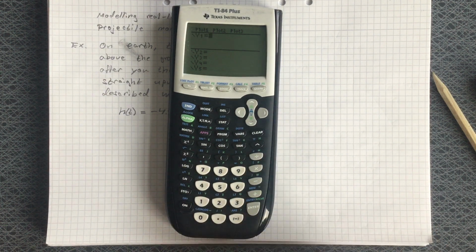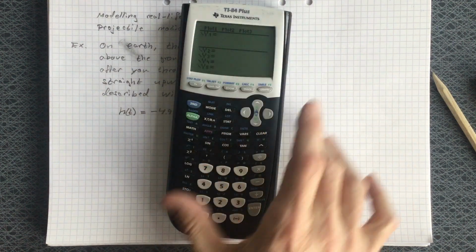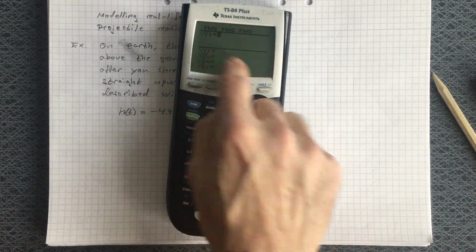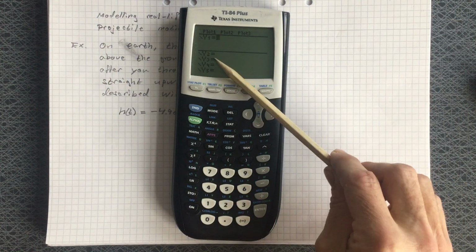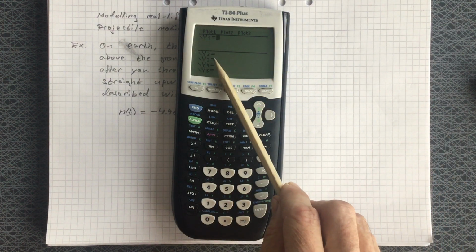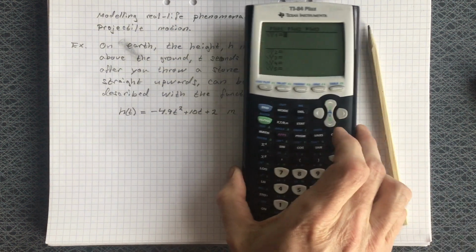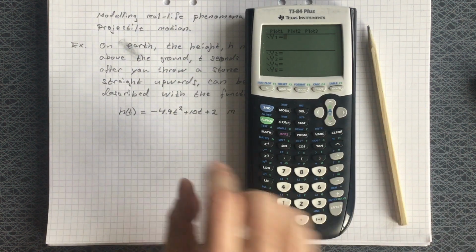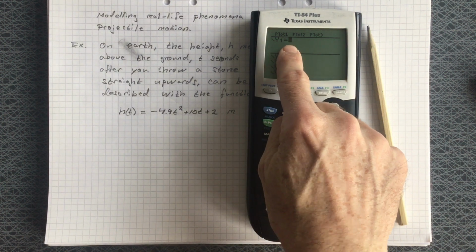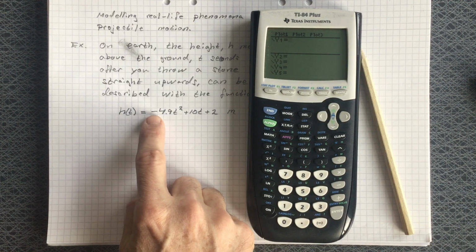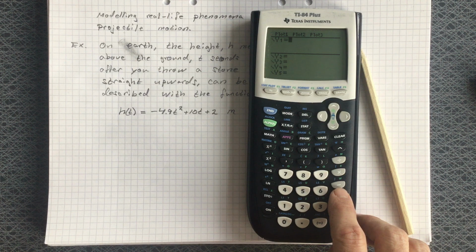So you go into y equals, and then you press clear if you have some other functions in y1. And if you have some function in y2, you erase it as well with clear. Now, this is my equation, so I write it in y1. You start with a negative sign. That's not a subtraction, so don't use that now.